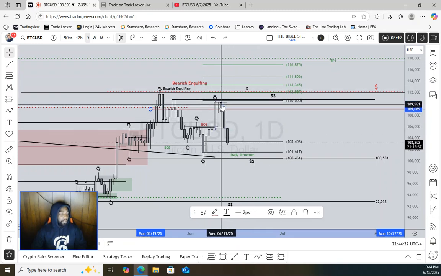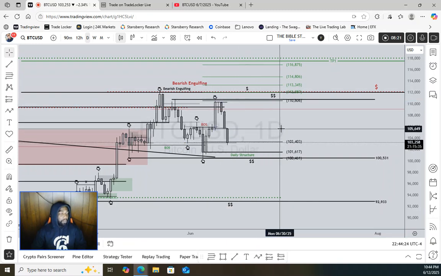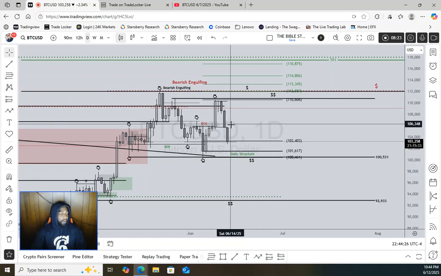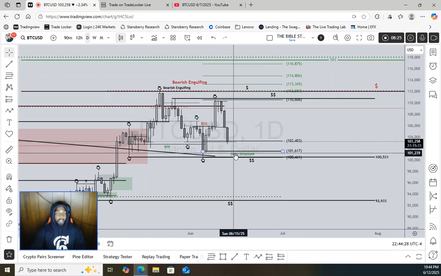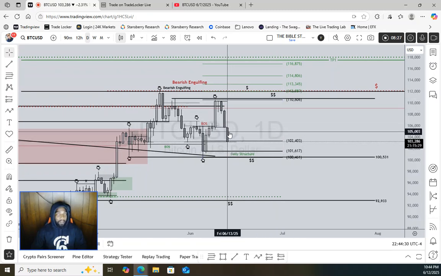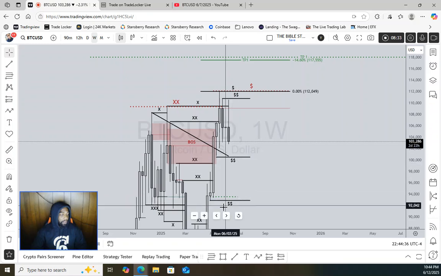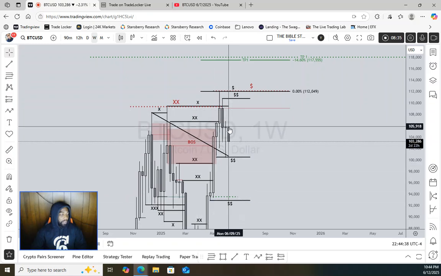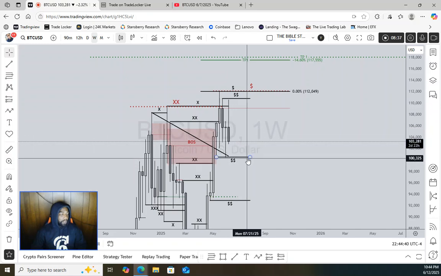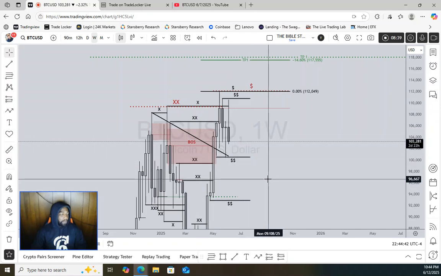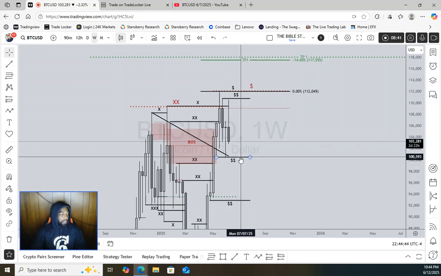This can be more a push to the downside, continuing the weekly bearish retracement. You know what I mean? From that swing to swing, and then this bearish retracement, and we have targets and incentives for price to continue to the downside.